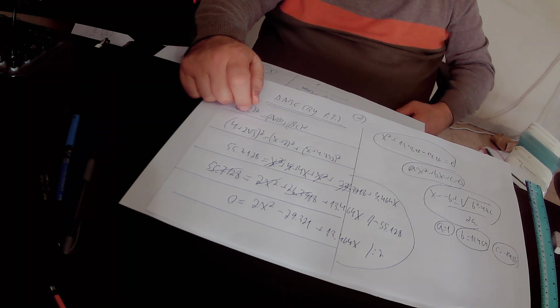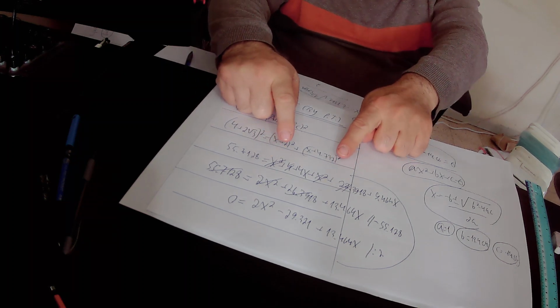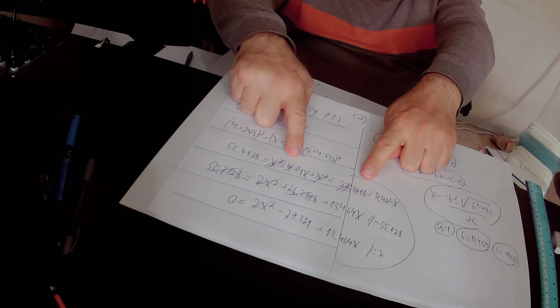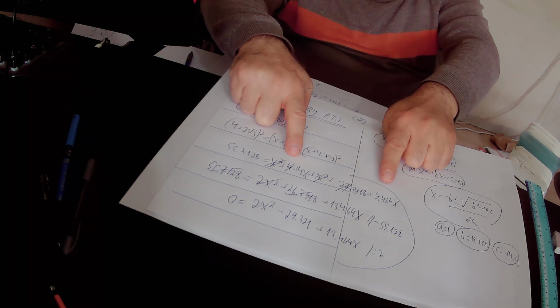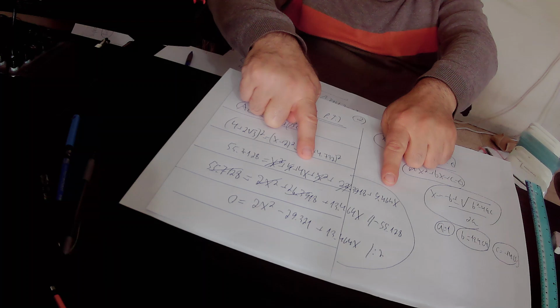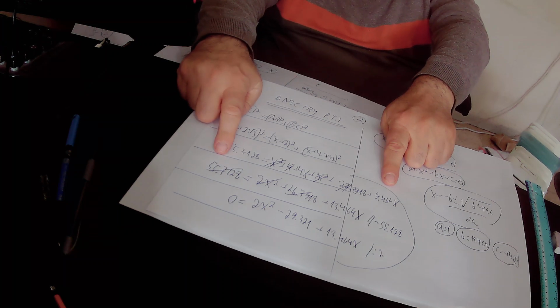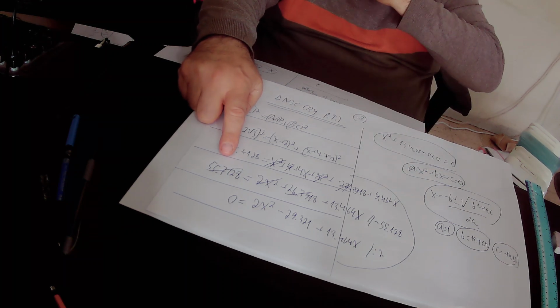So here we have x squared plus x squared, which is 2x squared, and we have 4 plus 22.3918, which is 26.3918, and we also have 4x plus 9.464x, which equals 13.464x, and it equals 55.7128.